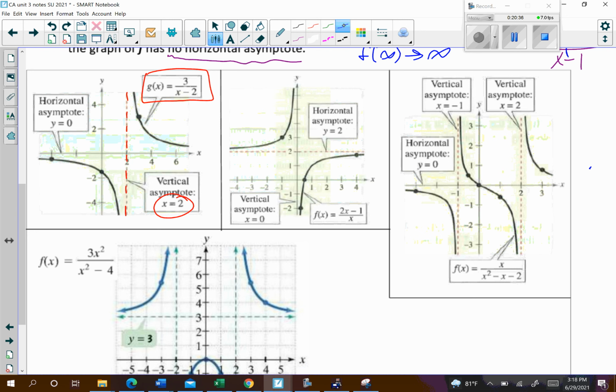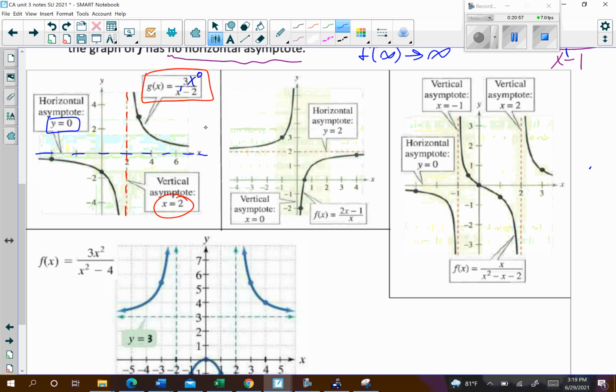Then to find the horizontal asymptote, we do the comparison test. The top one doesn't have a variable. Whenever you don't have a variable on top, it has an understood power of 0. So the power on top is less than the power on bottom, so we default to y equals 0.